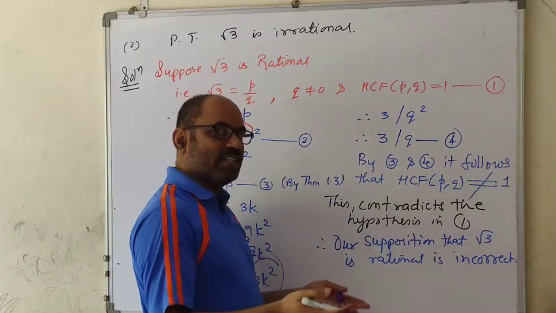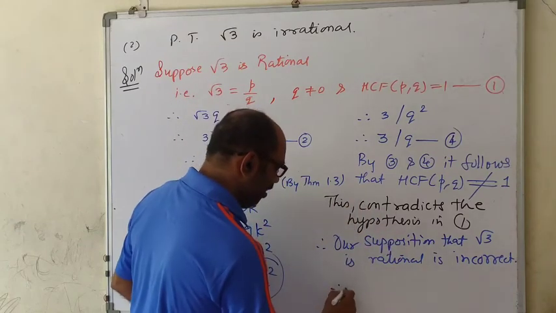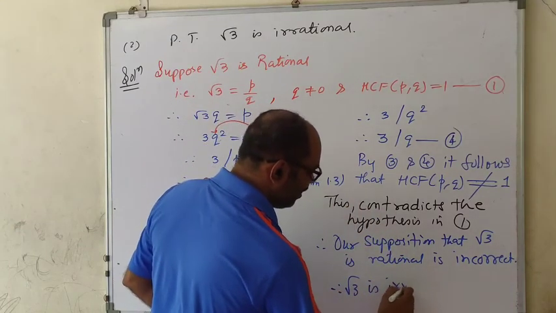Now root 3 is rational, that is incorrect. So what is correct? Root 3 is irrational. Therefore root 3 is irrational.